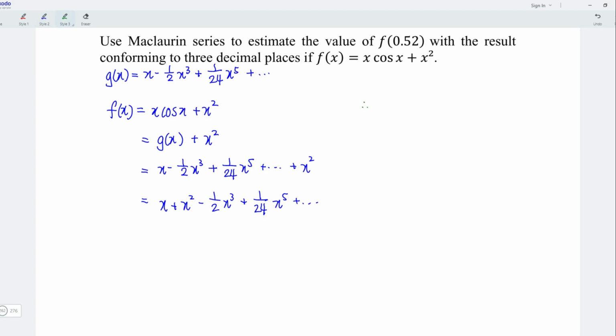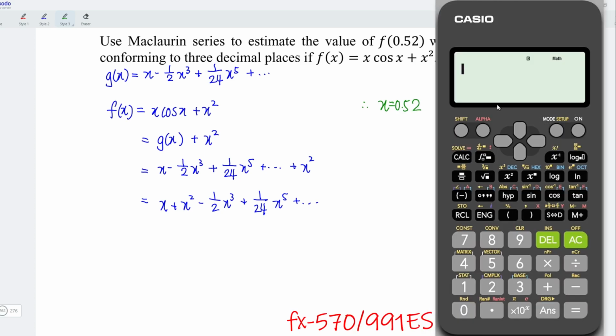Next is to estimate the value when x is equal to 0.52. With the calculator, I'm going to first take 0.52 and store it to any alphabet, let's say x. With this, we can minimize the time in pressing the calculator, especially when the values consist of many decimal places.